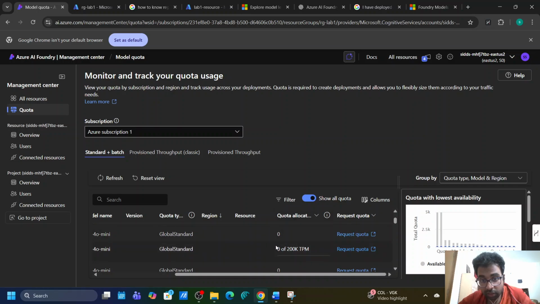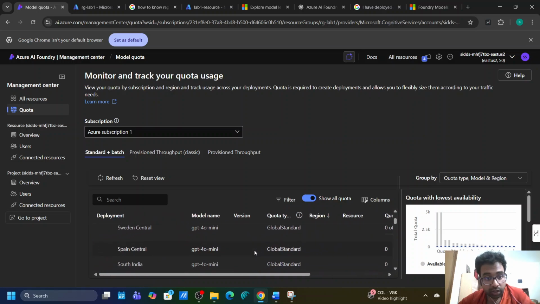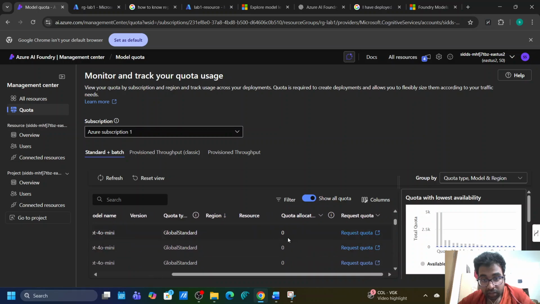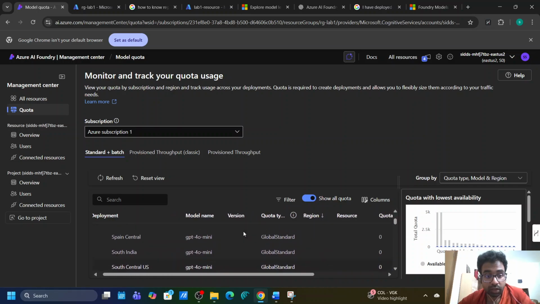So quota is available there, but we have not been allocated any. If we go to South India, we see that there is 0. There was no quota, so it cannot deploy the model in that region. That's why it created two projects for me. That is the whole reason, because there is no quota in South India.